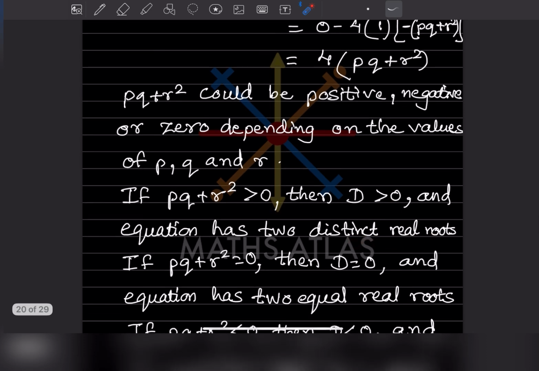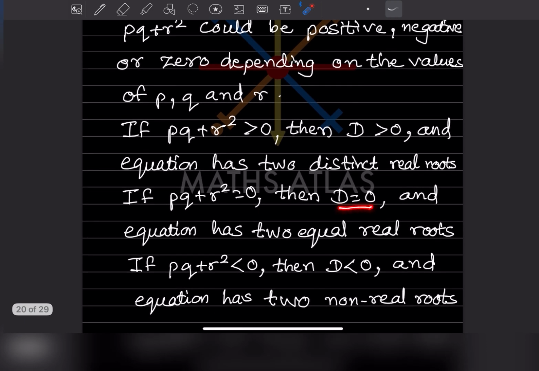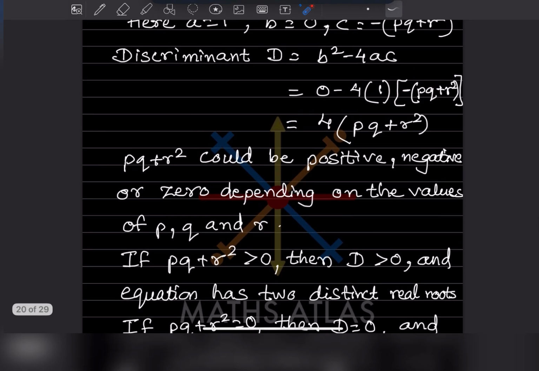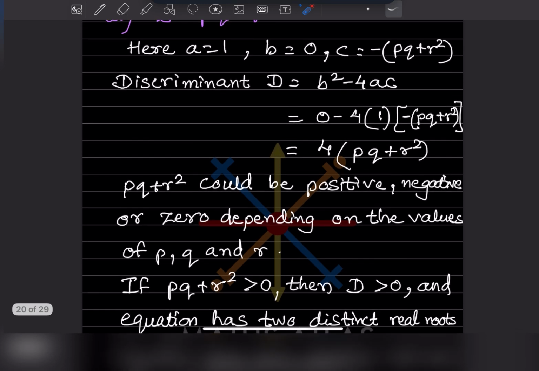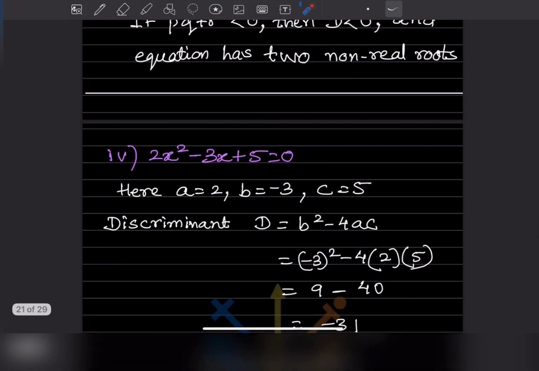If PQ plus R square is 0, then D is equal to 0, the discriminant is 0, and you know the equation has two equal real roots. Here it is distinct, and this is real if it is equal to 0. And if PQ plus R square is less than 0, then the discriminant is less than 0, and the equation has two non-real roots. That is what we have to write, because now this cannot be solved, so we have to write all three possibilities.